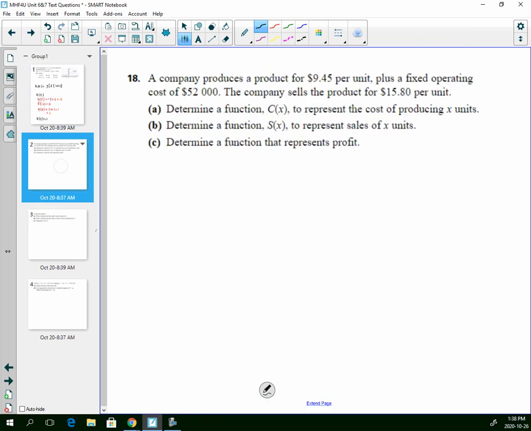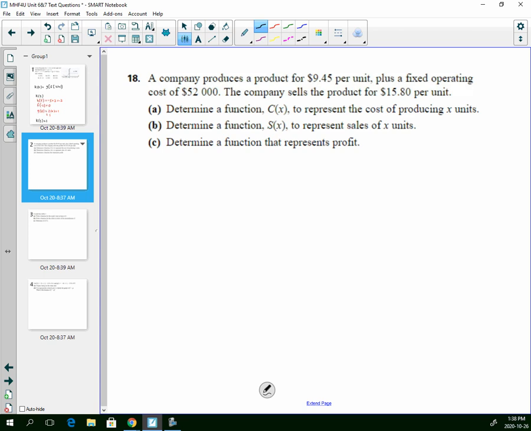The second one, I just pulled out a word problem. So this is an application of combining functions. So we are given some information about a product. It says that the company sells the product for $15.80 per unit.